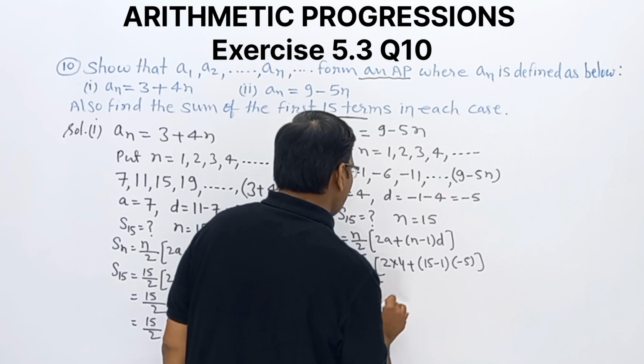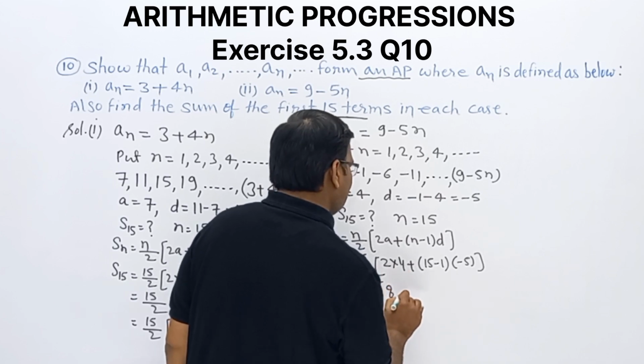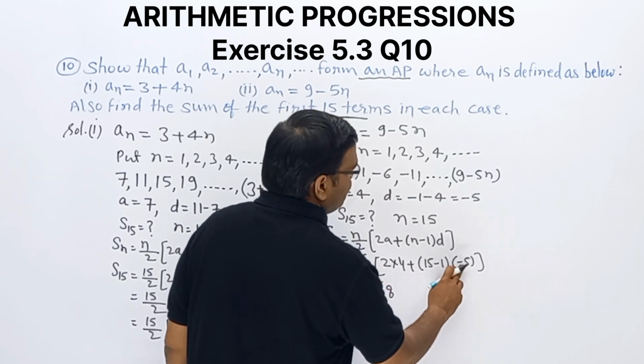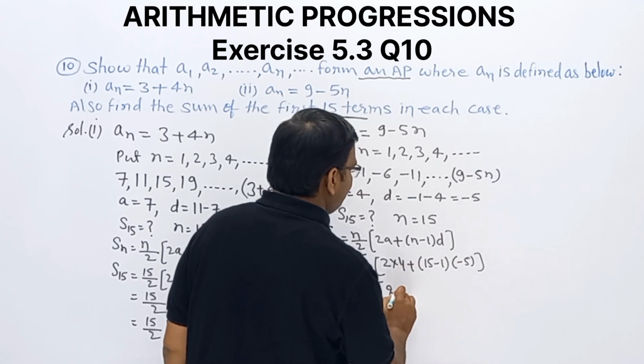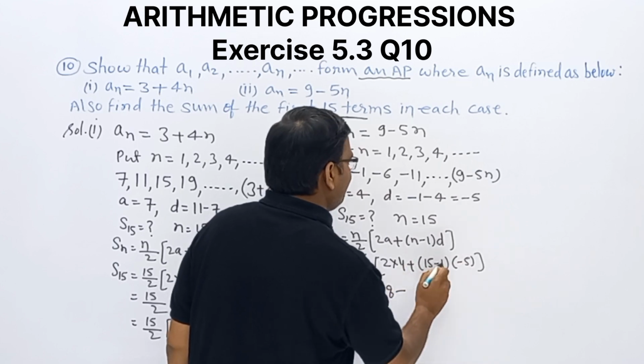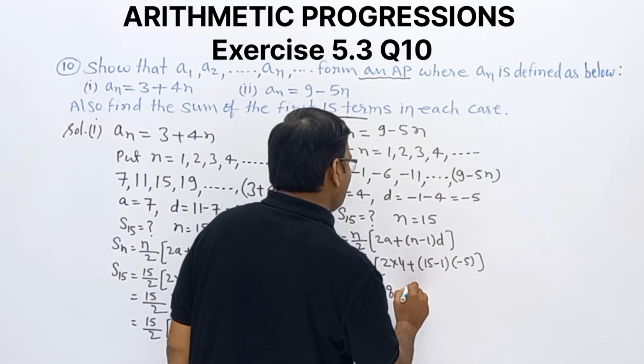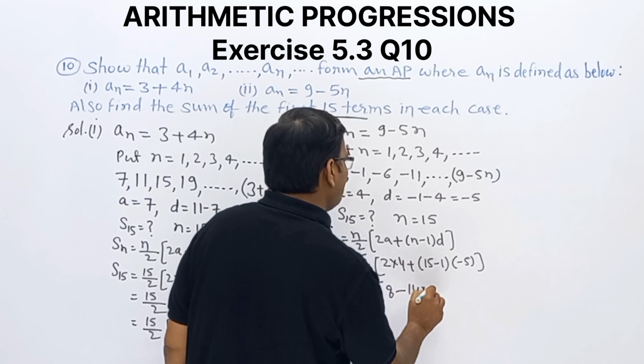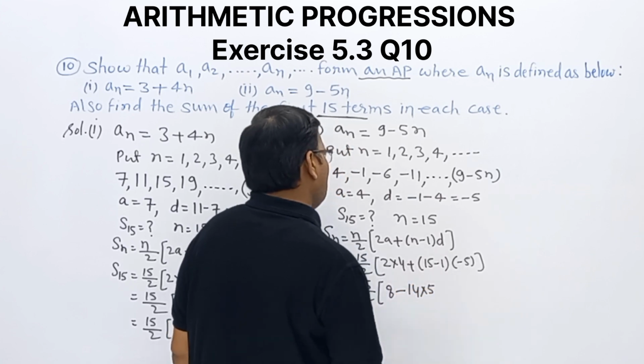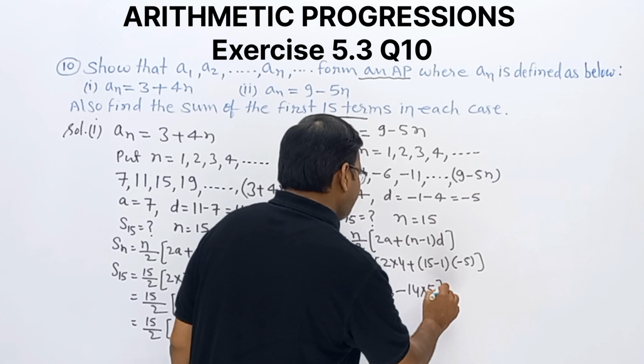Solve this one. 15 by 2 into 4 twos are 8. Plus into minus will be minus. 15 minus 1 will be 14, into 5.